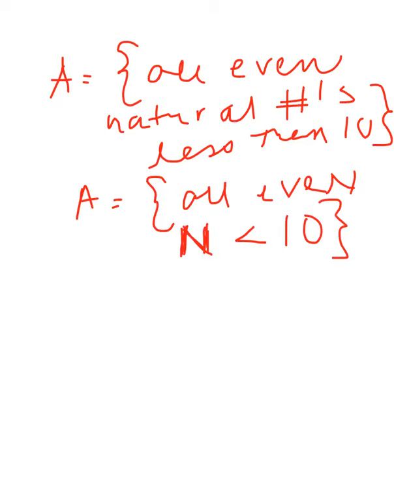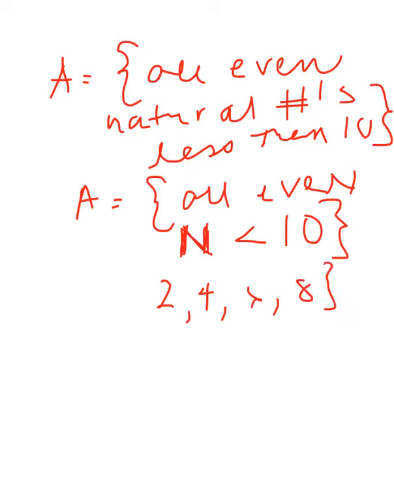Okay, so now by expressing it this way, you know a natural number starts at 1, and the largest number you can get up to, because you want all of them less than 10, would have to be 2, 4, 6, 8.